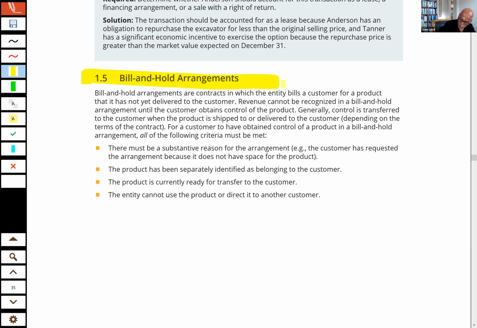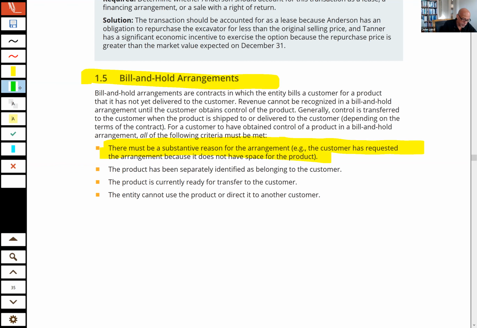Okay, good. So let's take a look at what they tell us about these bill and hold arrangements. There must be a substantive reason for the arrangement. Mainly, the customer has requested the arrangement, say, because it doesn't have space for the item.